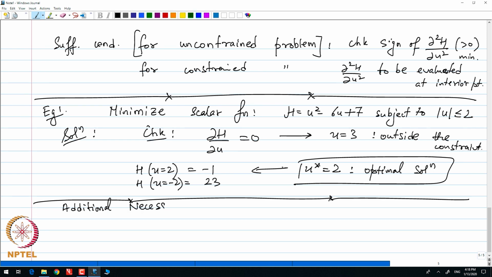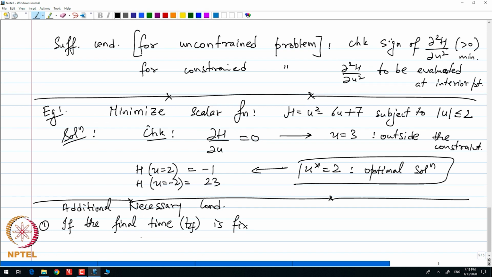So, the first condition is if the final time T f is fixed, then I expect that the Hamiltonian does not depend on T explicitly, and in that case my Hamiltonian at the optimal value will be a constant.